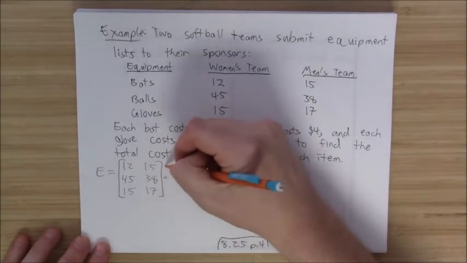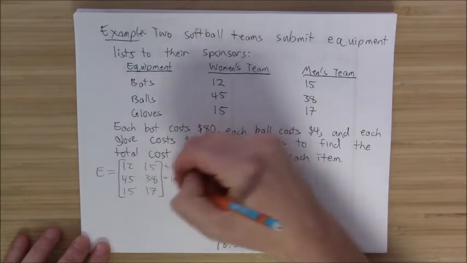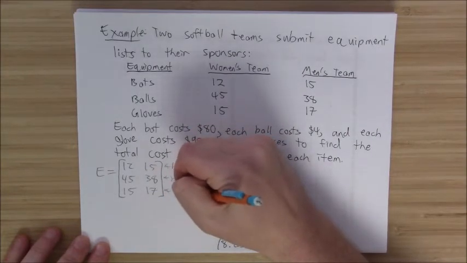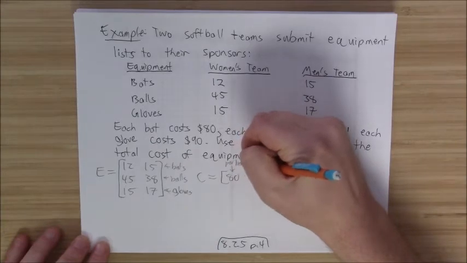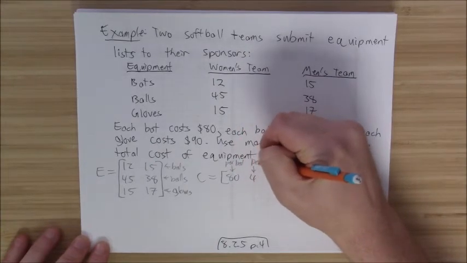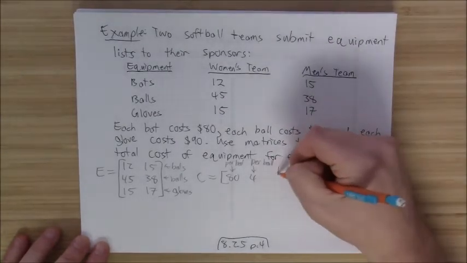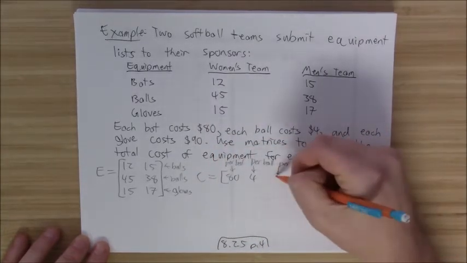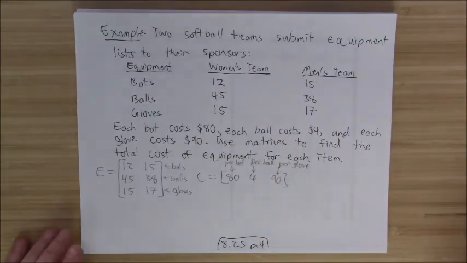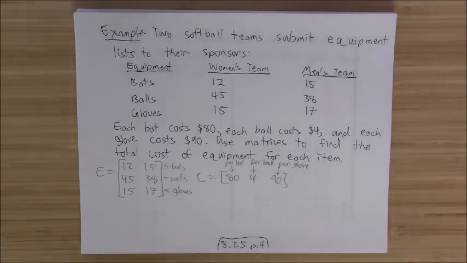So this is bats, balls, and gloves. This is per bat, per ball, per glove, which was 90. It's weird that bats cost less than gloves, but whatever.